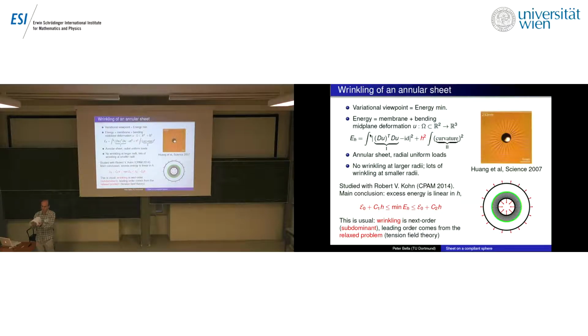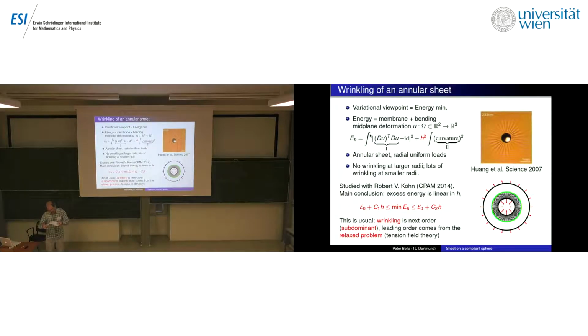That stretching or compression costs a little energy, but the thinner the sheet is, the less it costs. That's reflected by this h squared in front. So h for the talk will be the thickness of the sheet. It's basically penalizing the cost of the curvature.